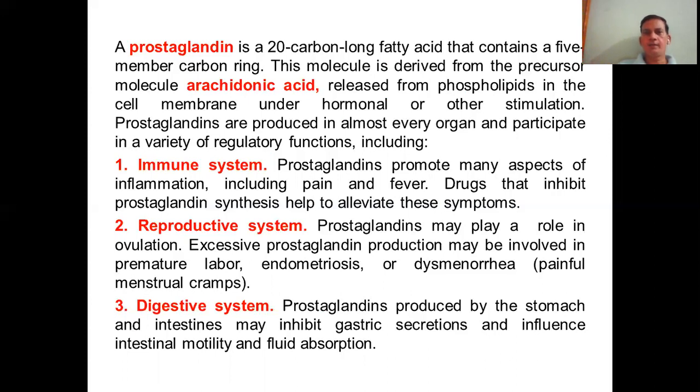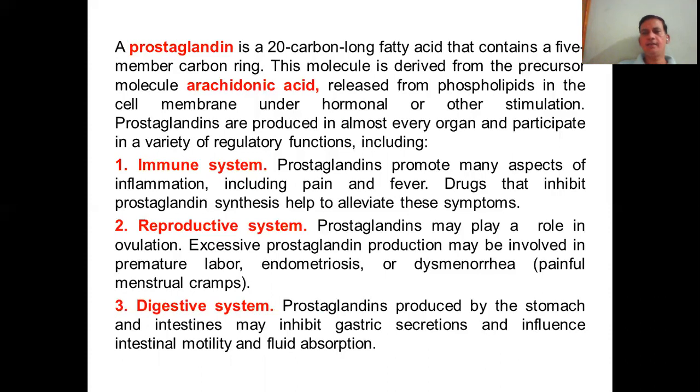In the reproductive system, prostaglandins play a pivotal role in ovulation. Excessive prostaglandin production may be involved in premature labor, endometriosis or dysmenorrhea, that is, the usual experience of painful menstrual cramps.